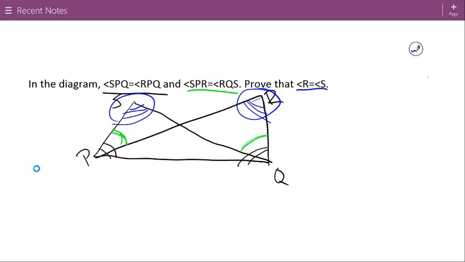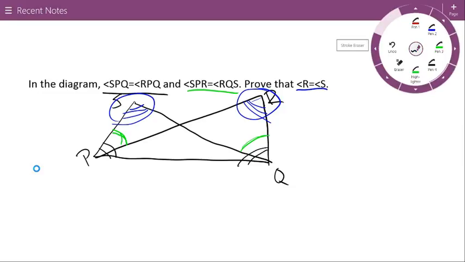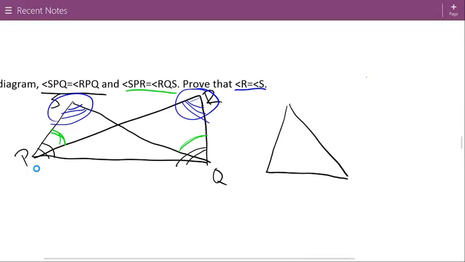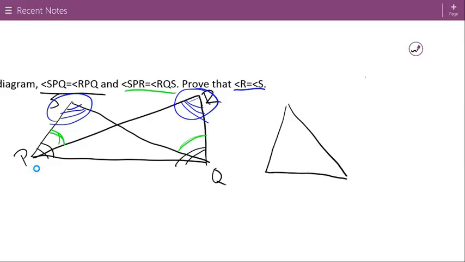Okay, so we have, again, triangle SPQ. That doesn't exactly look like that, but again, it's good enough for our purposes right now. Move this over a bit. We have triangle RPQ.